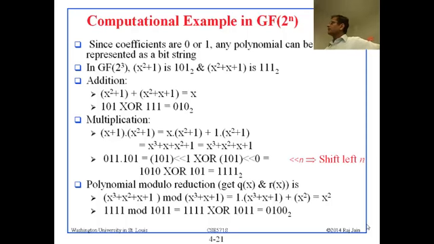So this double left angle means shift left. This is the notation. So anyway, this one will become 1010 and this one will become 101. Exclusive OR them and you get 111.